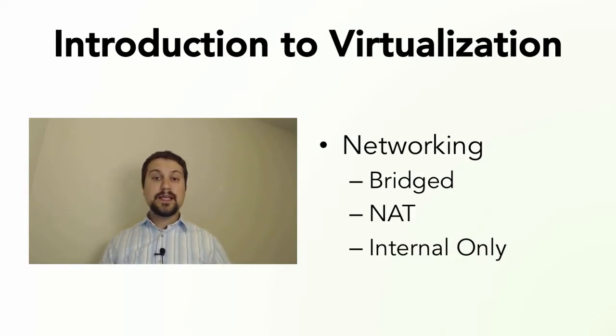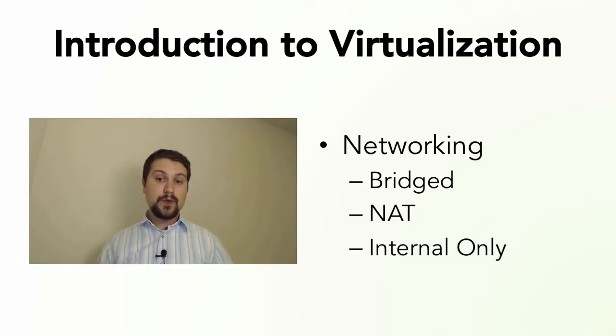All right, so last thing I want to talk about in our introduction to virtualization is networking and VM networking, because it's a little different than normal networking. In a VM, the hypervisor is also going to be doling out resources as the NIC, the network interface card. So you have three options when you're talking about a virtual network.